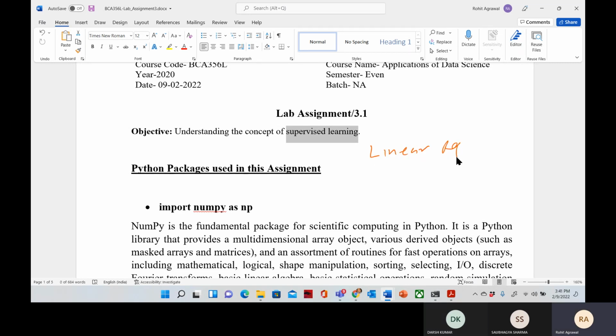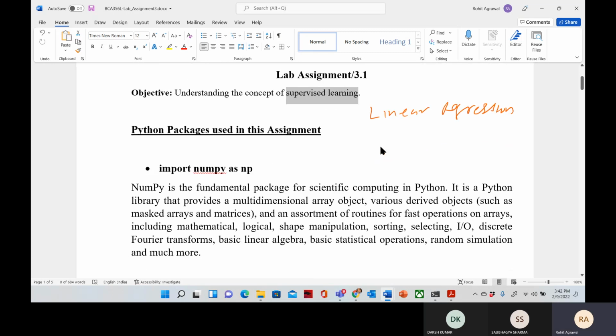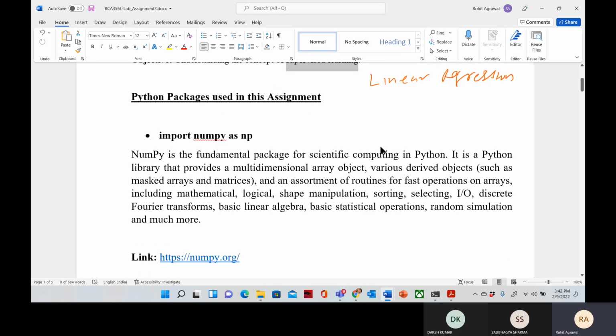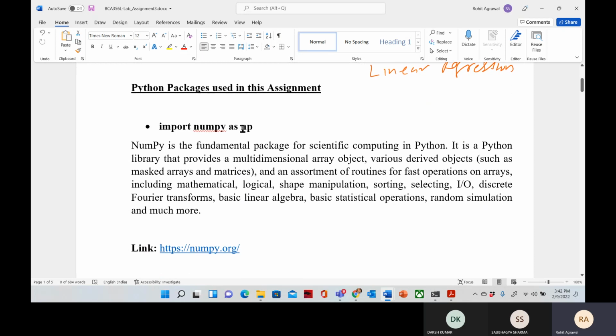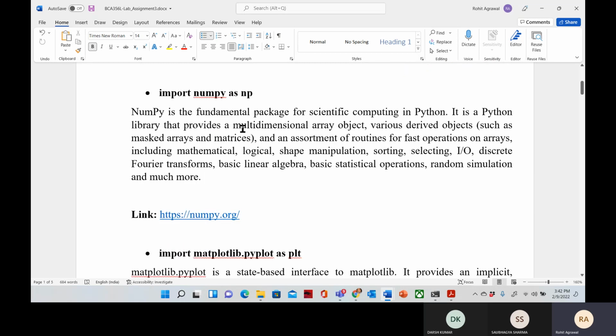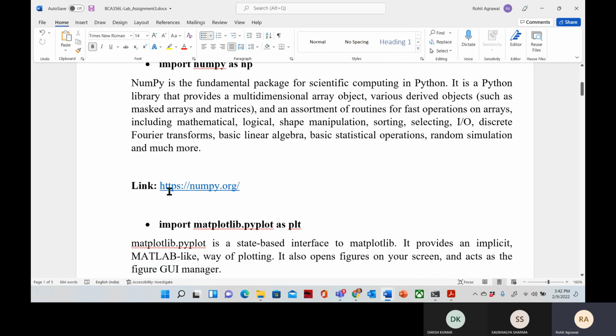I just want to show with some examples how linear regression looks. In this assignment, you need to use the NumPy package. I have written a brief introduction in your assignments as well, and for more detail you can use this link.